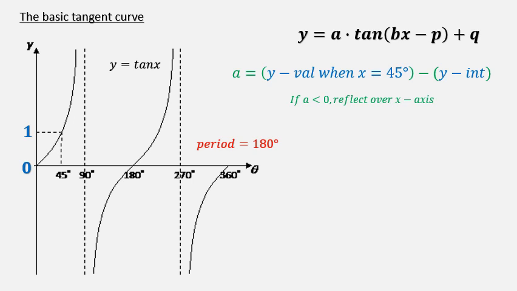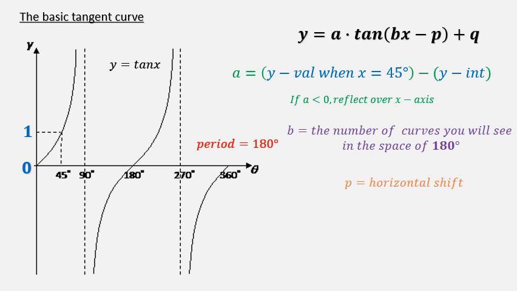If a is a negative number, then you must realize we are flipping this tan curve over the x-axis. We're reflecting it. And so instead of approaching positive infinity along the y-axis, it would then approach negative infinity. B, like before, represents the number of curves you will see in the space of the normal period, so in the space of 180.